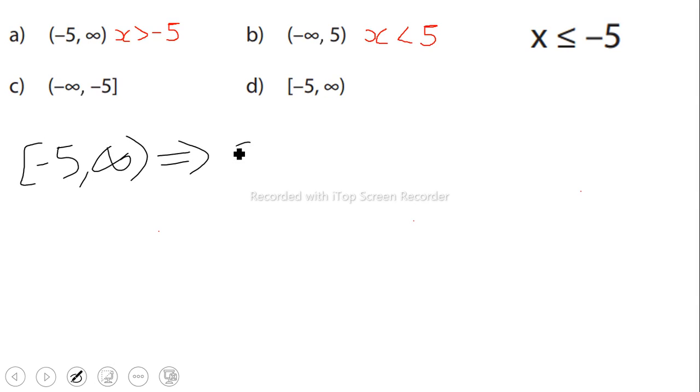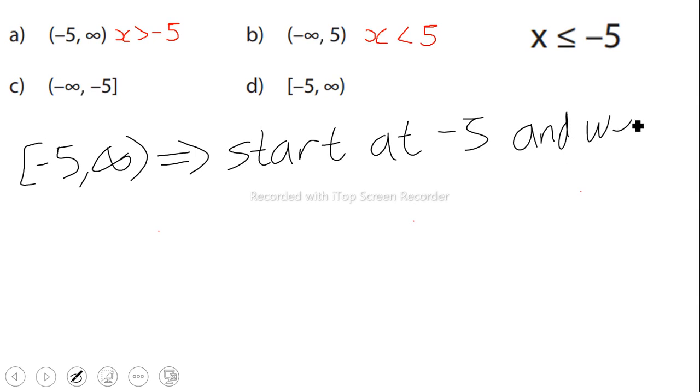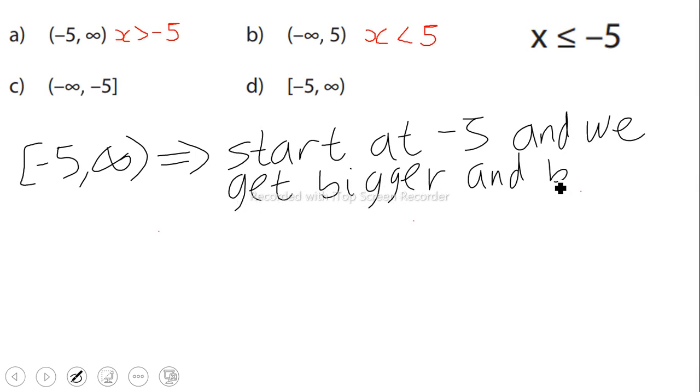Here we start at -5 and we get bigger and bigger and bigger. So we start at -5 and we continue on forever and ever.